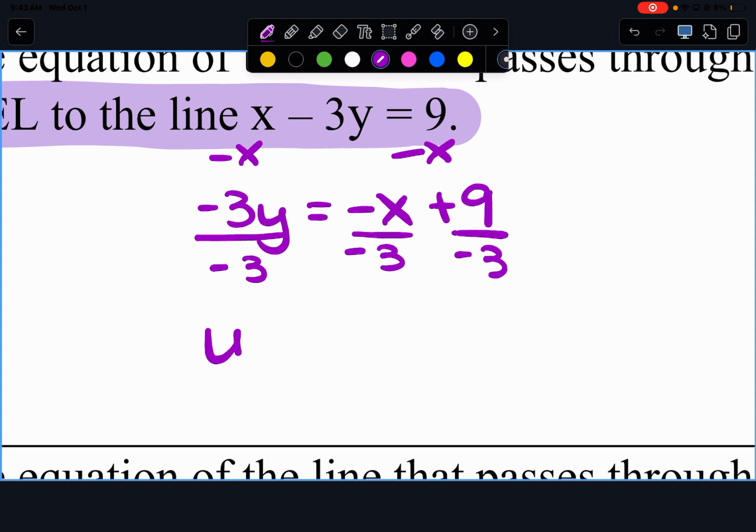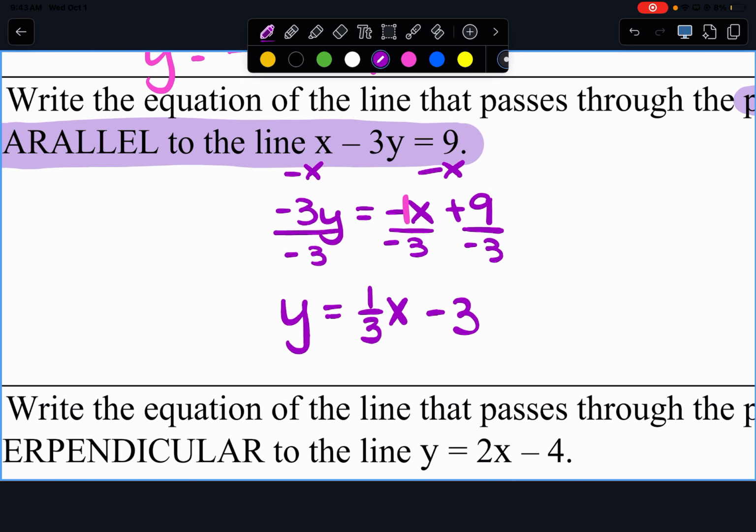So we get y equals, a negative and a negative make a positive, 1/3 x. Because what's understood to be in front of that x up top? And then 9 divided by negative 3 is negative 3. So that's the line.